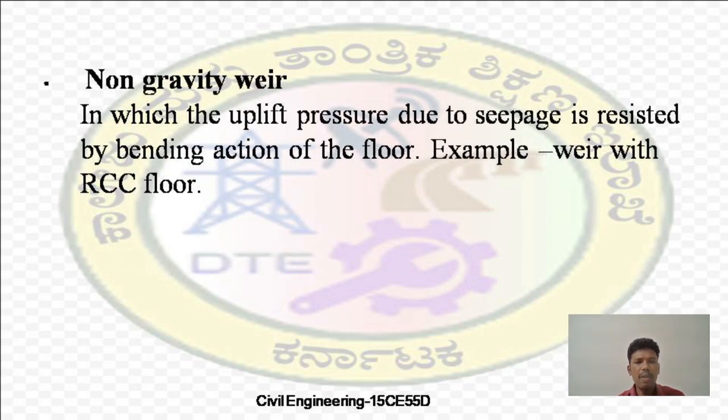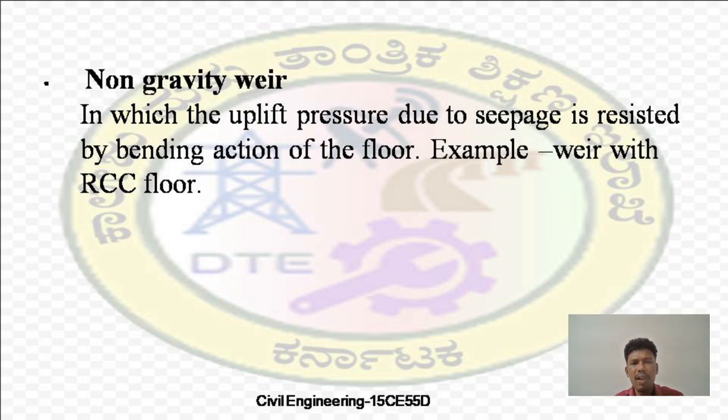Next, non-gravity weir. Here the uplift pressure due to the seepage is resisted by the bending action of the floor, not by the weight. In the previous one the uplift pressure is resisted by the weight, whereas in this one it is resisted by the bending action.